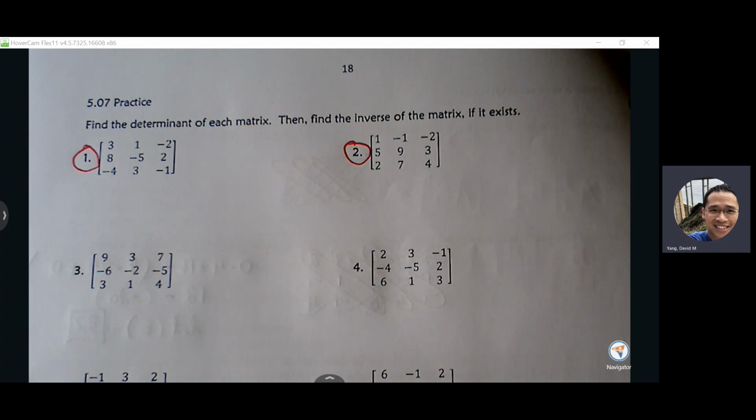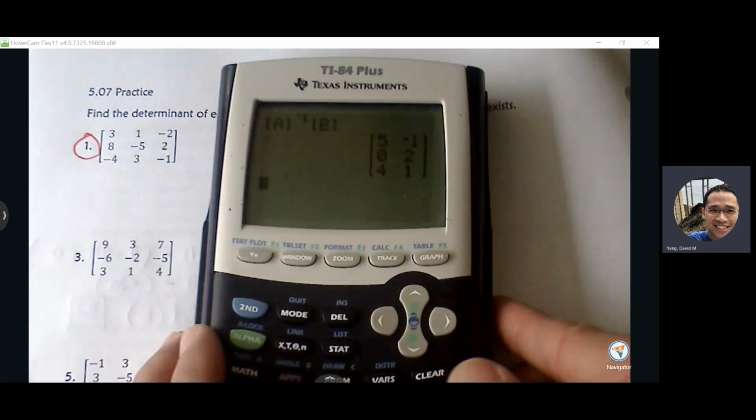On the test, you will get calculators. Is there any way to do it on the calculator? Yes, in your calculator, there's actually a feature called DET.